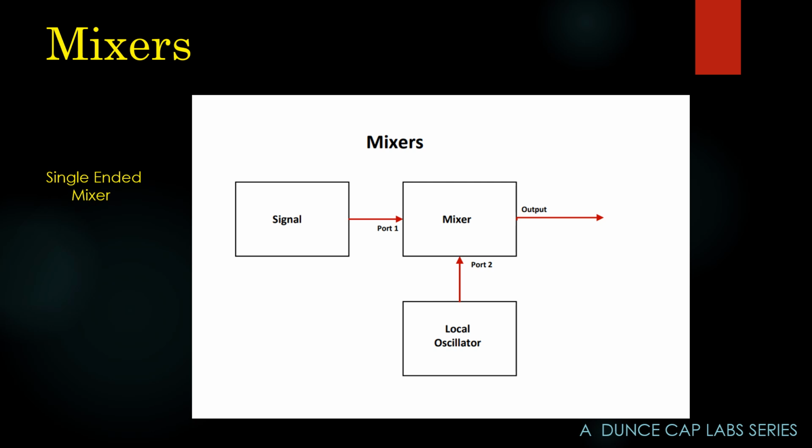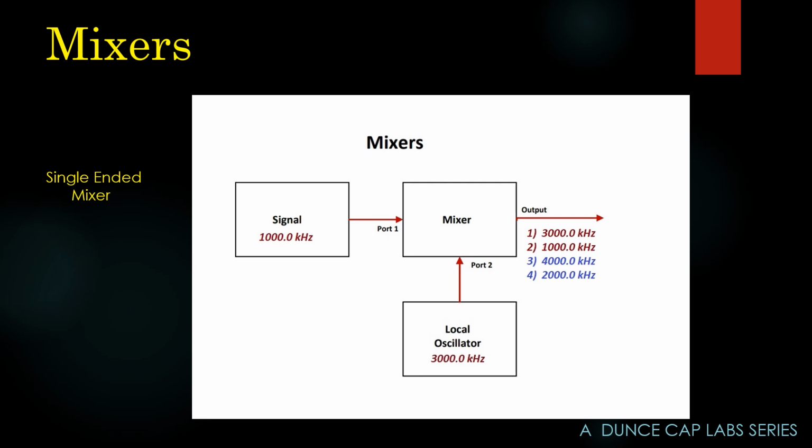Let's talk about a circuit from electronics called the mixer, specifically the single-ended mixer. This is a unique little device that has some unusual properties. If a mixer has only one input, there's no output. But look what happens when there's 2 inputs.